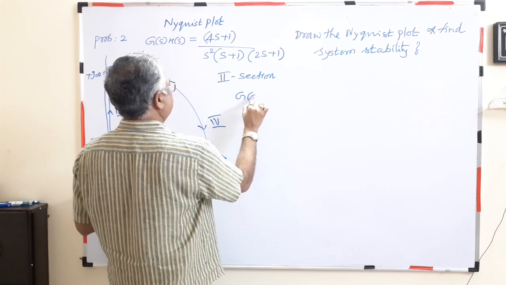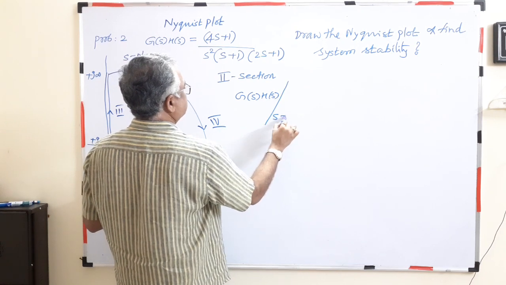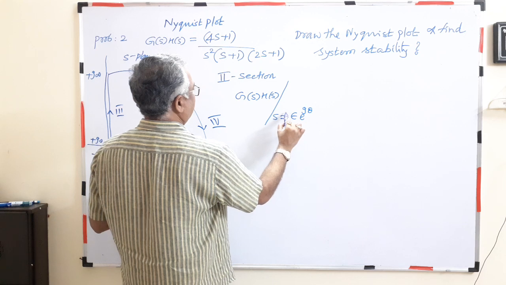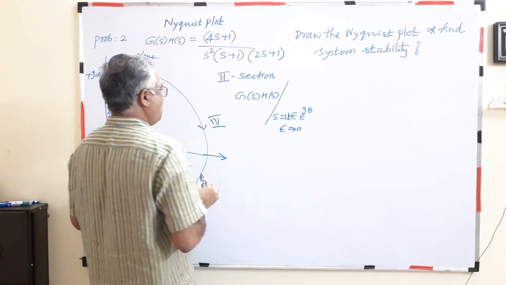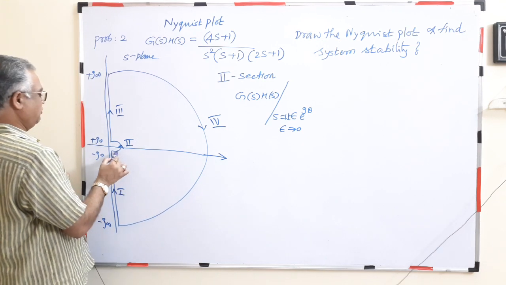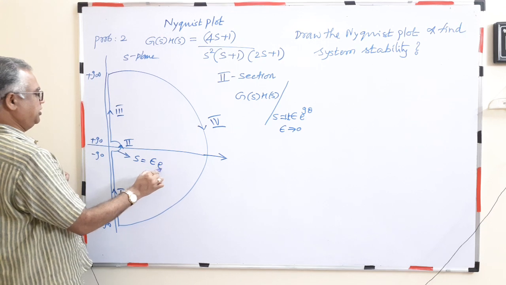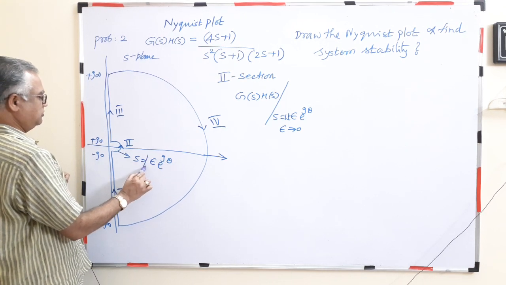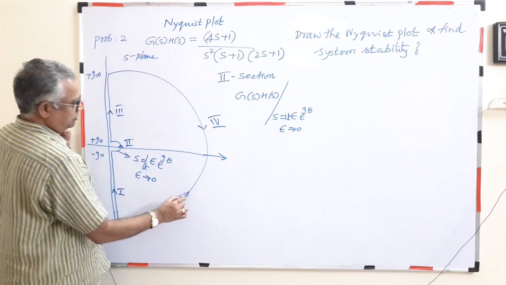Now simplify G(s)H(s) at s = epsilon e^(j theta), limit epsilon tends to 0.